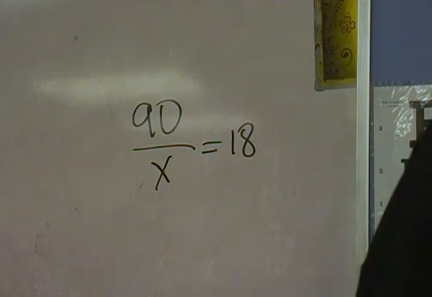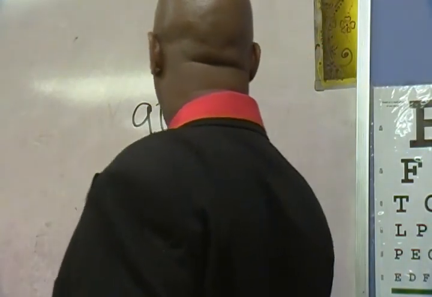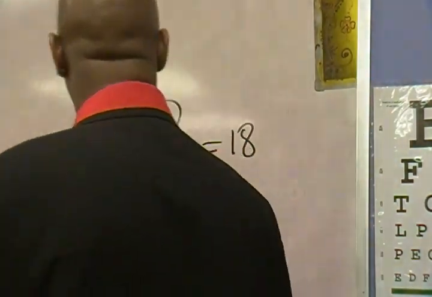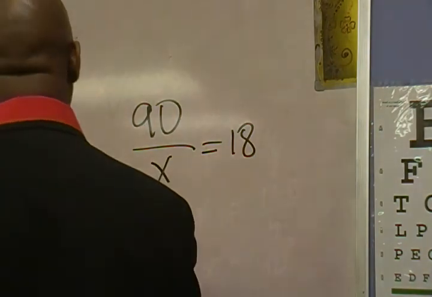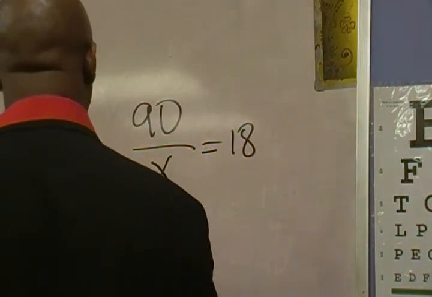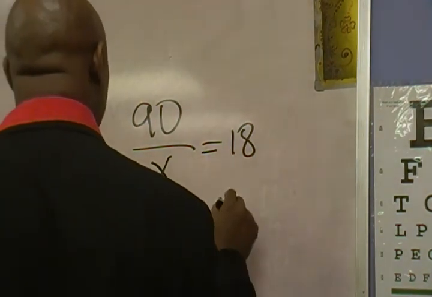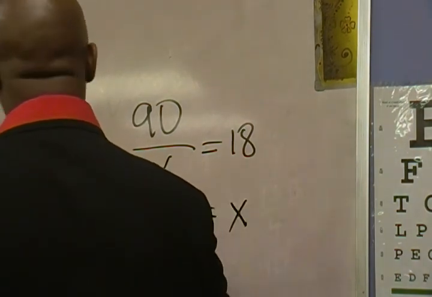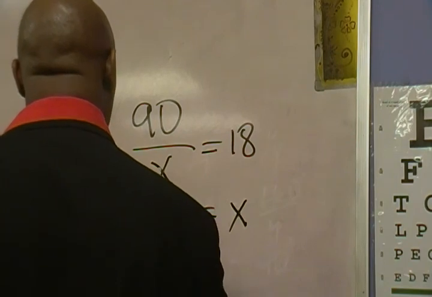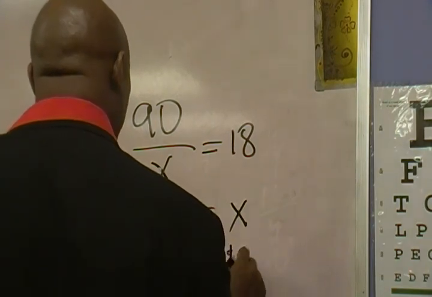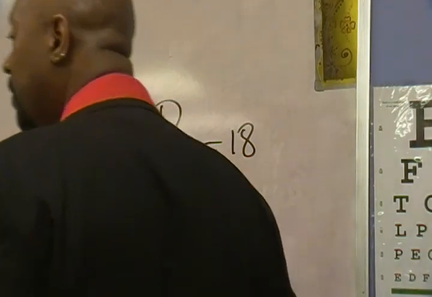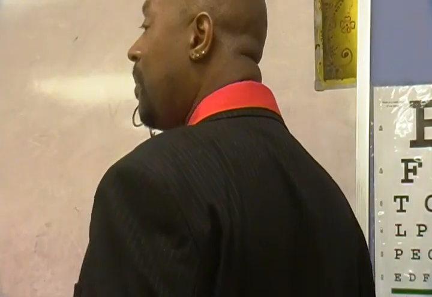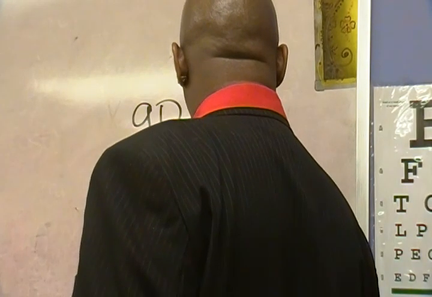All right, this is how I would do it. We have this x as a fraction, right? So I would multiply by x first. These x's are going to cross out, and I'm going to have 90 equals 18x. Then divide by 18, finding the reciprocal, which is 1/18.